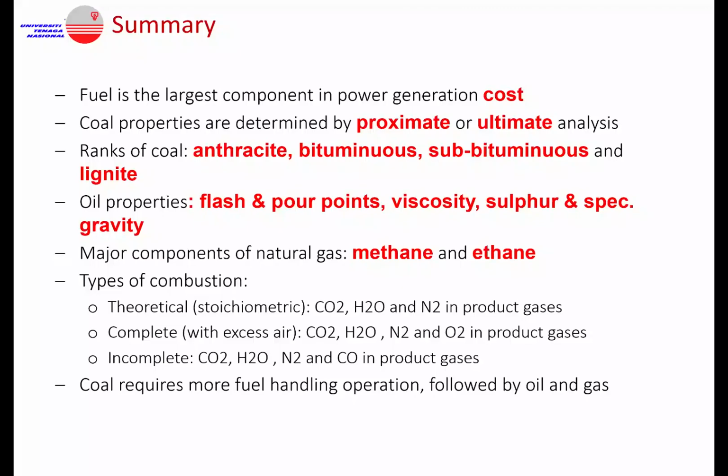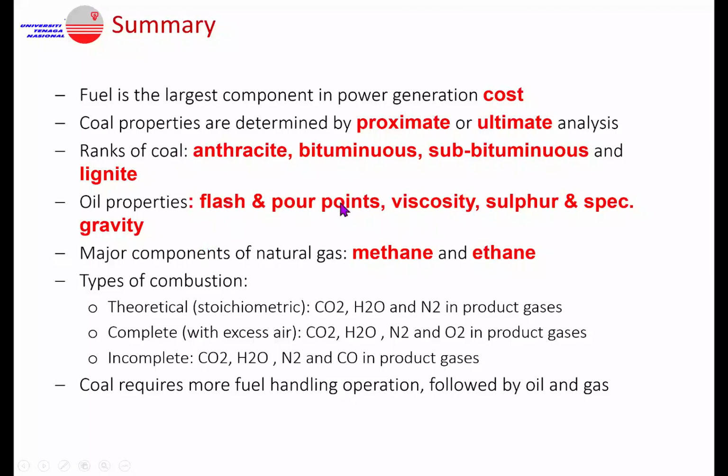Right? The higher the ranking, like anthracite, the more difficult it is for us to extract it from the earth. The higher the ranking, it is located beneath the earth at a longer depth as compared to the lowest ranking coal. Okay, in terms of oil properties, what are the important properties that we learned?